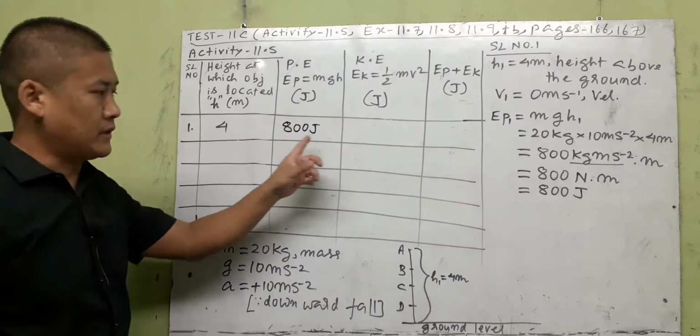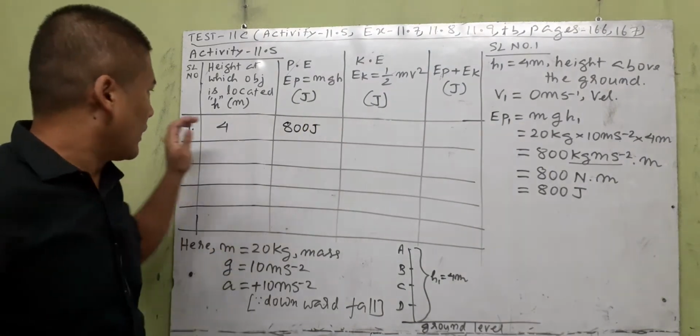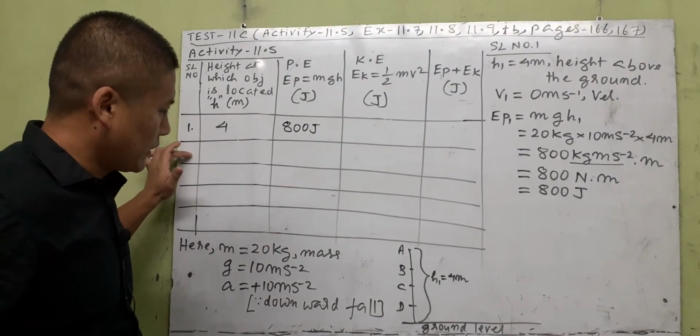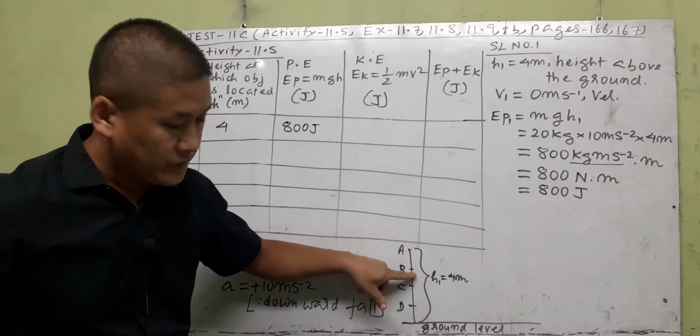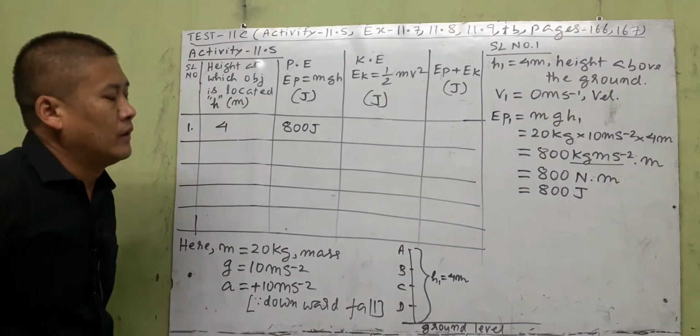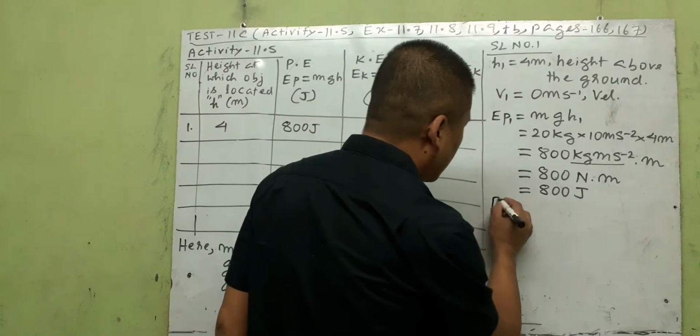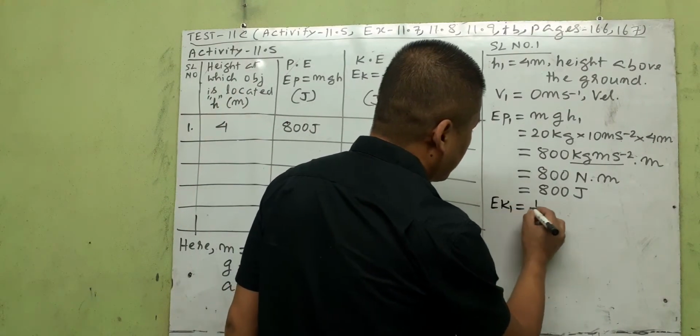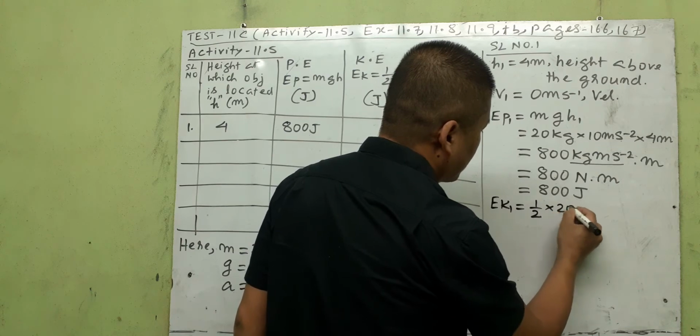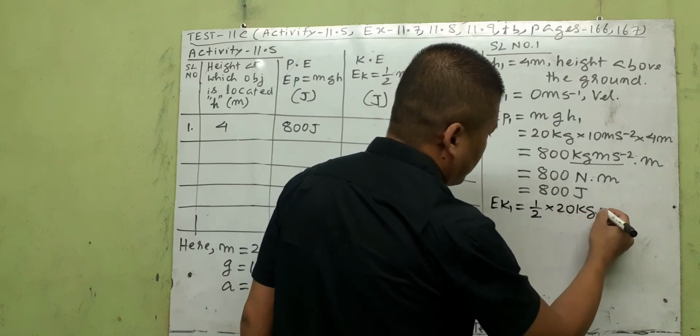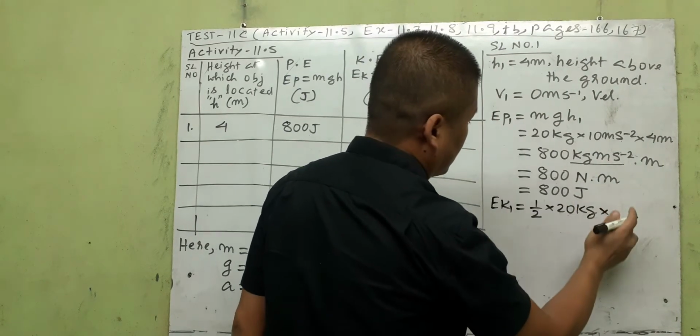Like that, this sum is asking us to fill the blanks by calculating from serial number 1, when the object is at 4 meters, at 3 meters, and so on. Then EK1, let us write here, EK1. EK1 is going to be half into m, which is 20 kg, and v1 square.